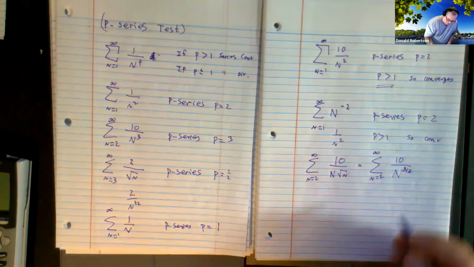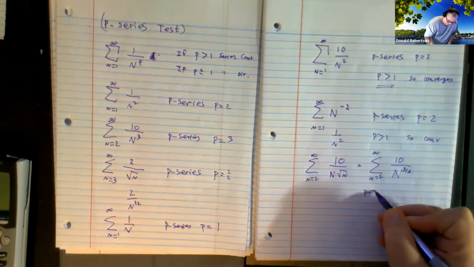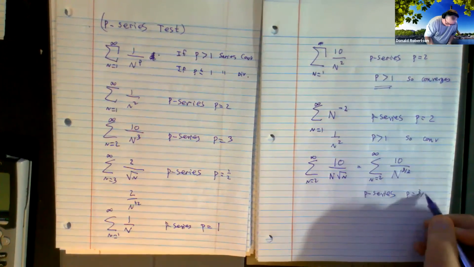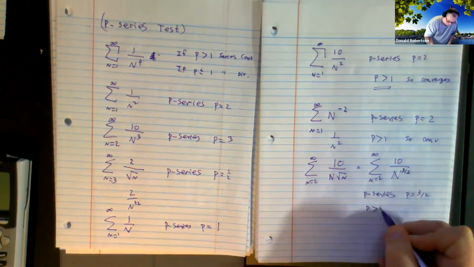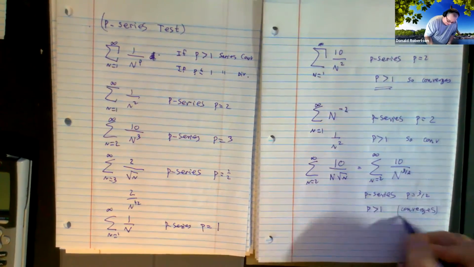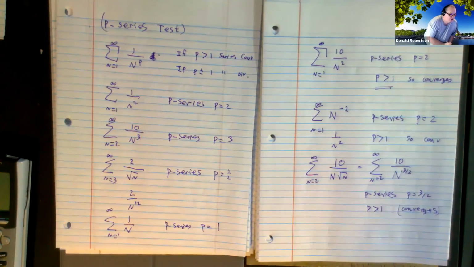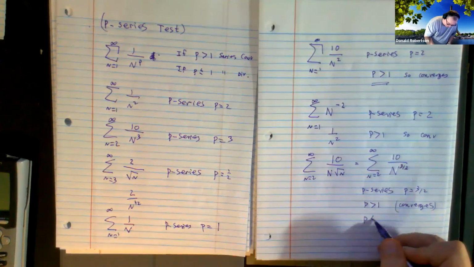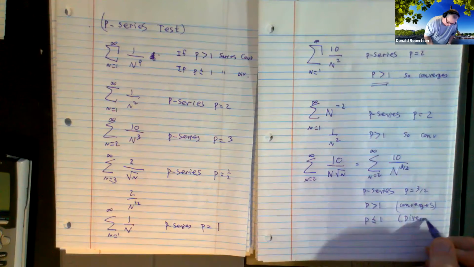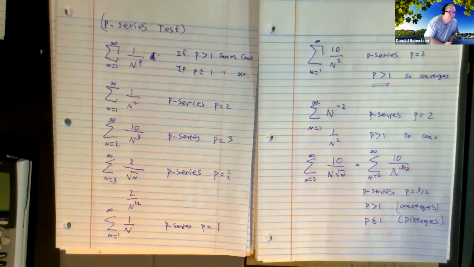Isn't it bigger than 1? Let's do that. You say it's a P series. P is 3 halves, agreed. Isn't P greater than 1, so it converges? Remember the P series says if the P value is bigger than 1, it converges. If the P value is less than or equal to 1, then your conclusion will be that it diverges.